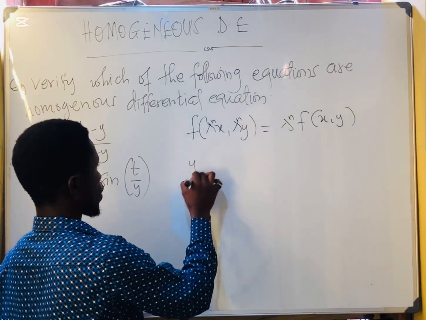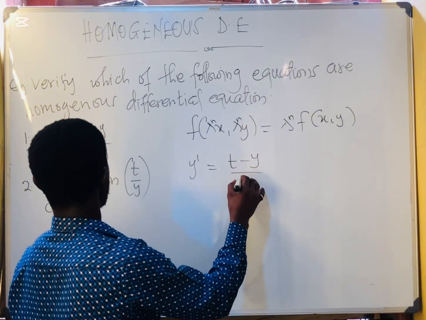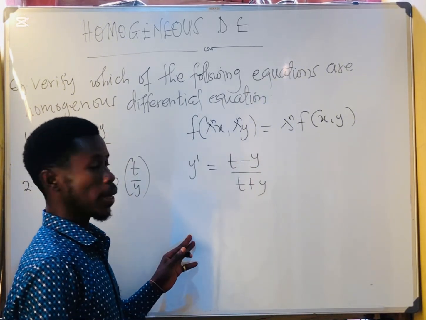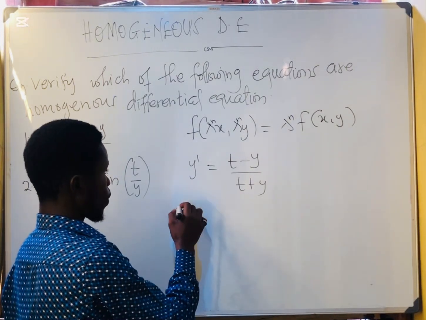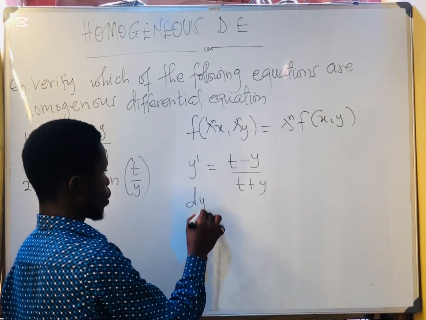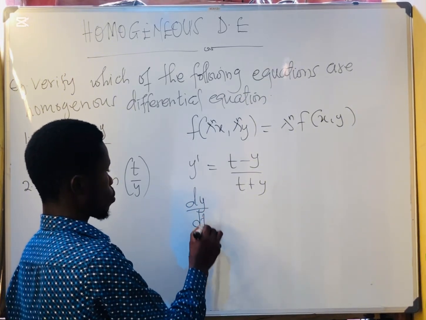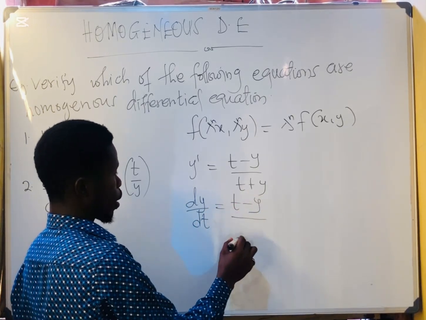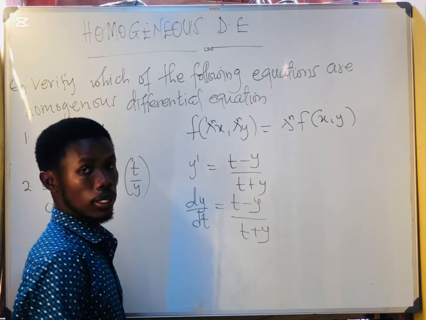We have y prime equals (t minus y) over (t plus y). So per the definition, we know that this y prime can also be written as dy/dt, in terms of t, so dy/dt equals (t minus y) over (t plus y). Is that okay?